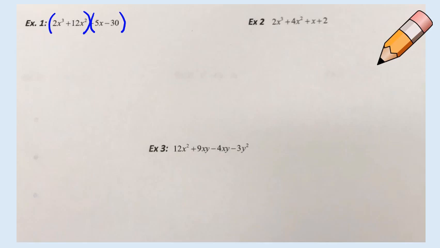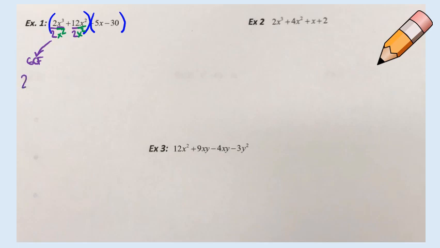Take a look at that first set of parentheses and find a GCF. What can I divide out of 2 and 12? A 2. What can I divide out of an x cubed and an x squared? At most, I can take out an x squared. That becomes my GCF of the first parentheses.